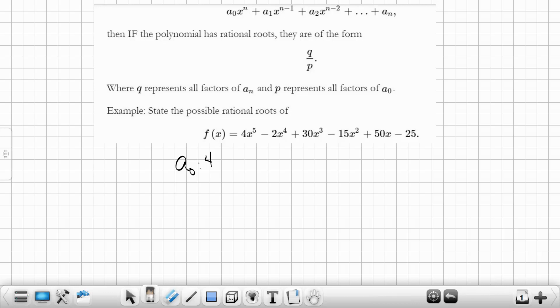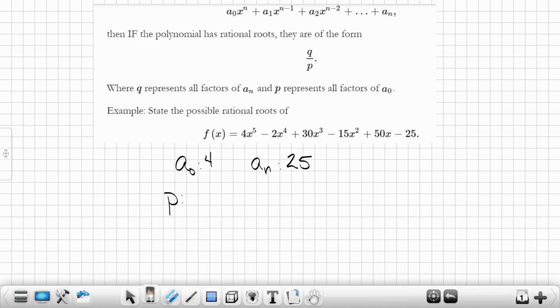Okay? So A sub n is 25. And we're going to get why I don't care about the sign in just a second. Taking it nice and slow. Everybody okay? Sarah, you feel all right with that? So now we have to define P and Q. P is every factor of A sub naught.